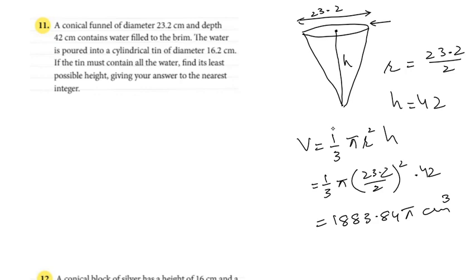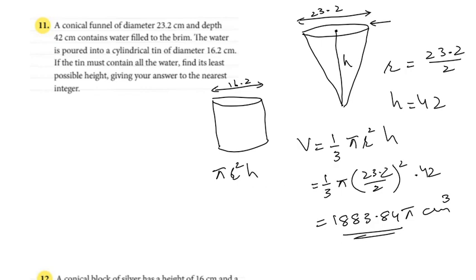Now, this total volume of water is poured into a cylindrical tin of diameter 16.2. The water has been poured into a cylinder of this shape. The volume of a cylinder is pi r square h.